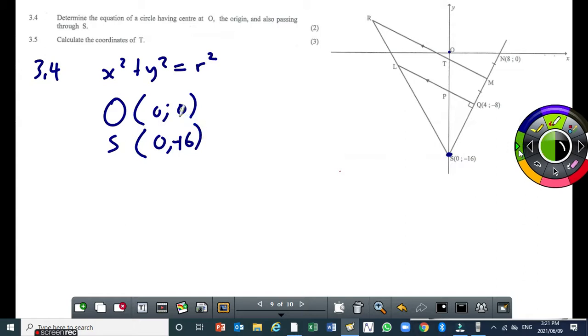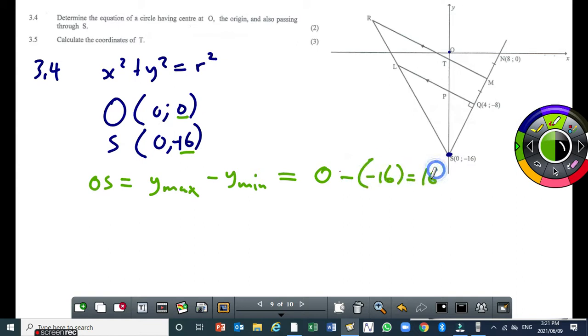You can use this y value and that y value. So OS is equal to y max minus y minimum. Which one is greater, 0 or minus 16? 0. So this will be 0 minus minus 16, and you get 16 units. That 16 units will be your radius.